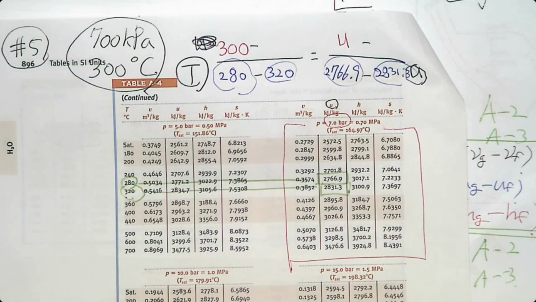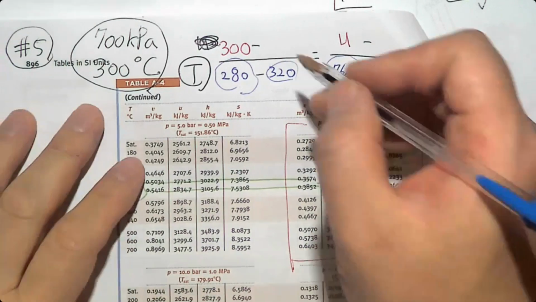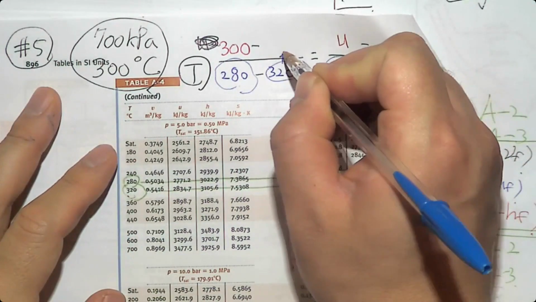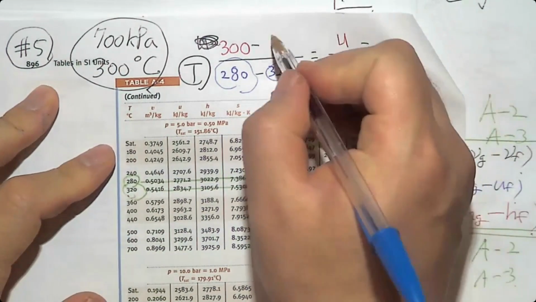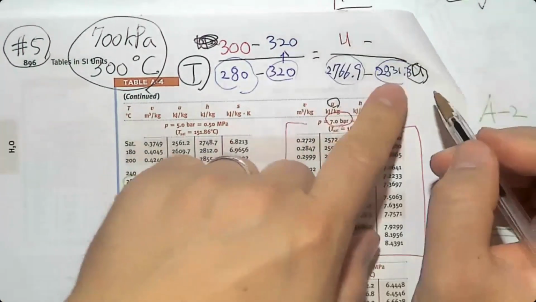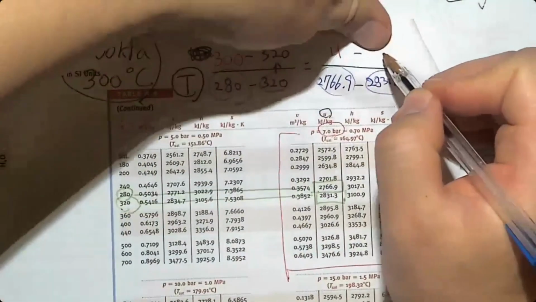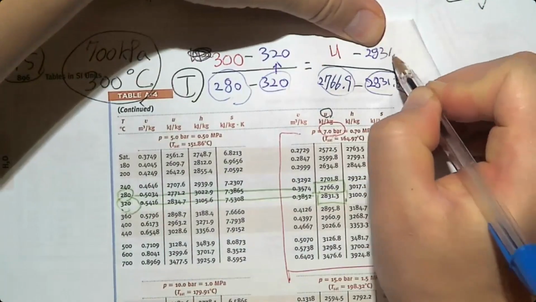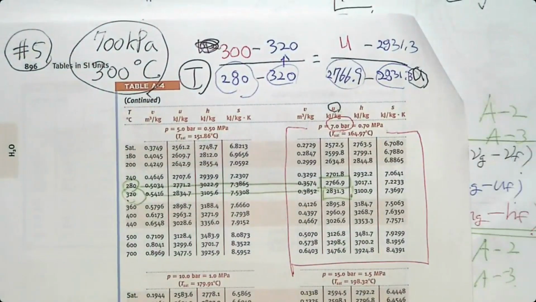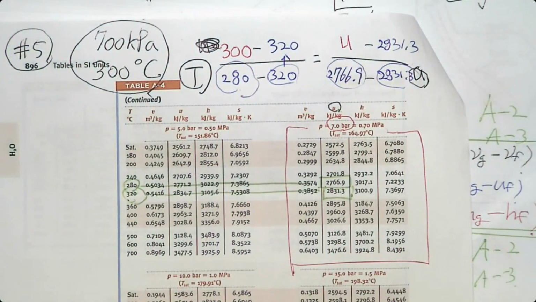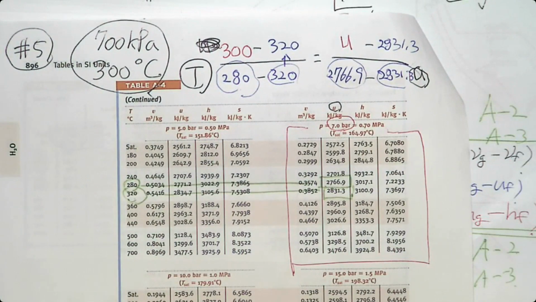But this equation is not complete because we don't know the number here. Then you can write the number below. The 320 just got promoted, so 320, and 2831.3. And if you solve this equation, you get the specific internal energy U at 300. That's how you do linear interpolation.